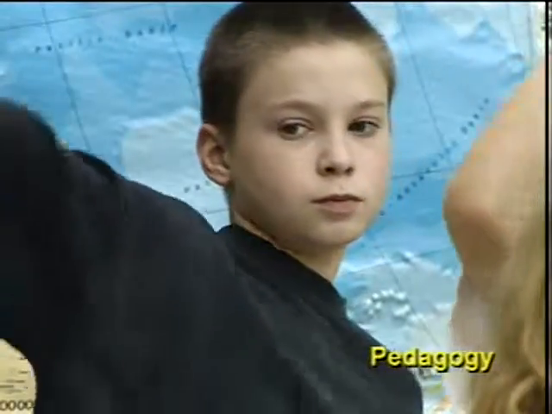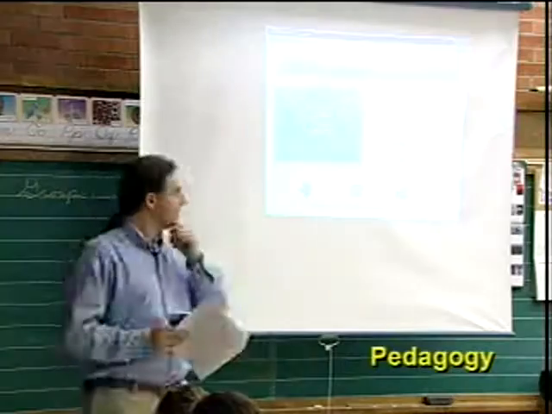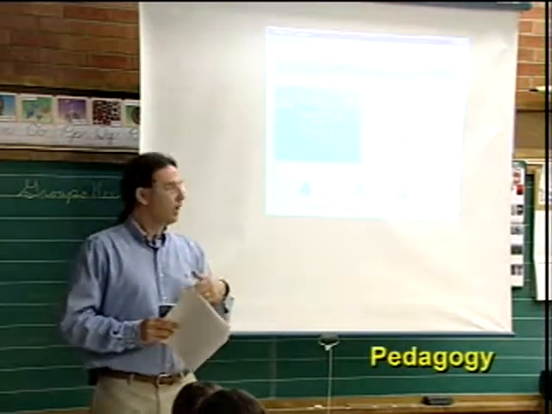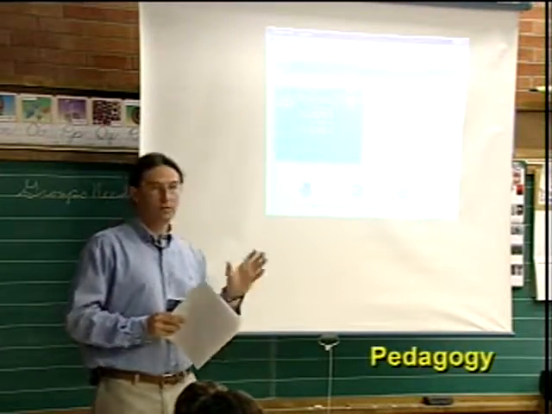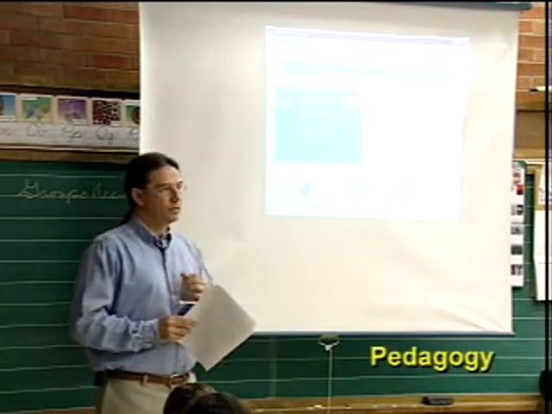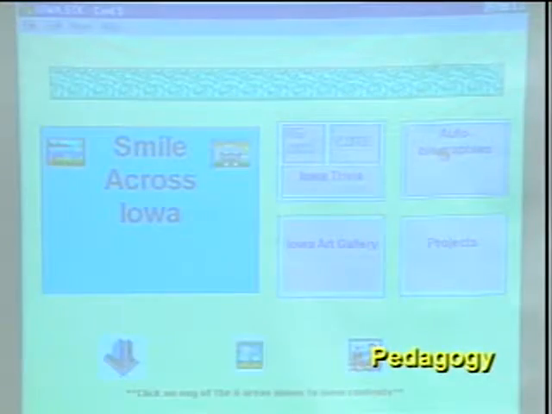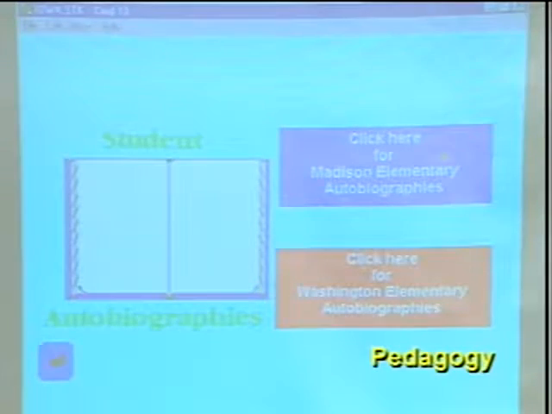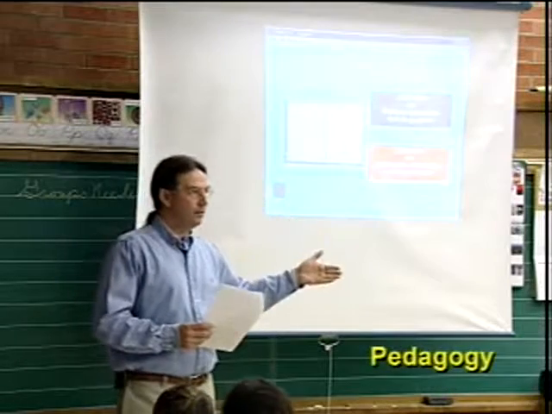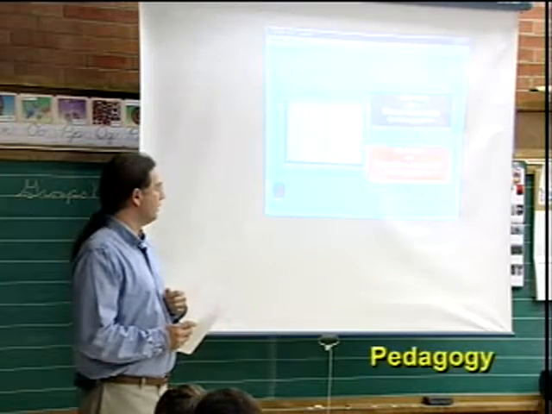Third, the teacher allows the students to take an active role in determining the content, organization, and format of the project. The students make suggestions and express their opinions about the changes they should make to improve their final product. Why don't we go to autobiographies? Now last time what we did is, again, we had to divide those between Madison and Mount Vernon at Washington.